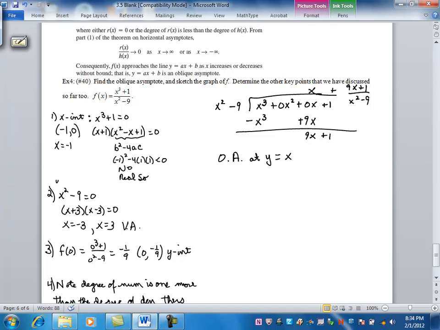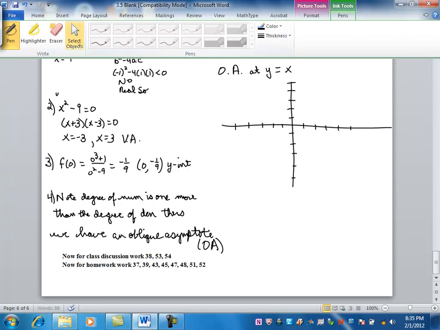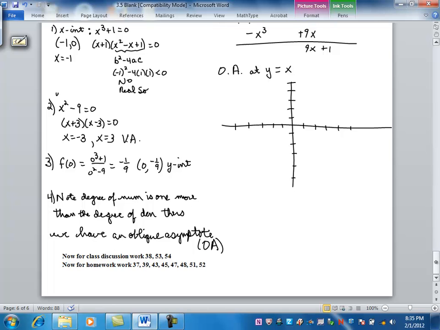Alrighty, so let's get ready to graph this thing here. And what do I know? Well, I know that I've been graphing in red ink, so let's go get that red one more time.